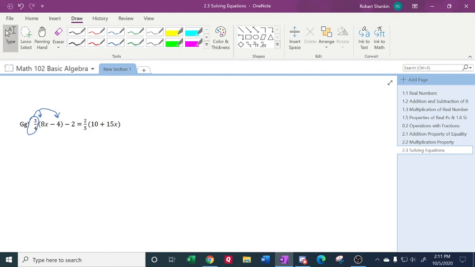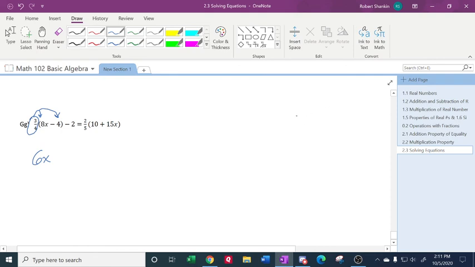When you go 3/4 times the 8, you make 8/1. The 4 and the 8 are going to reduce. 4 is going to go into the 8 2 times. 2 times the 3 will give you 6x.